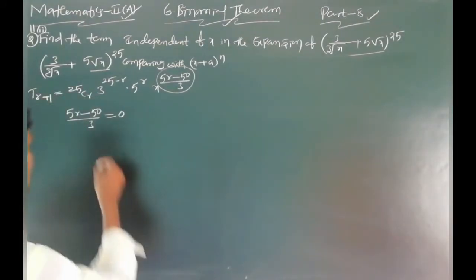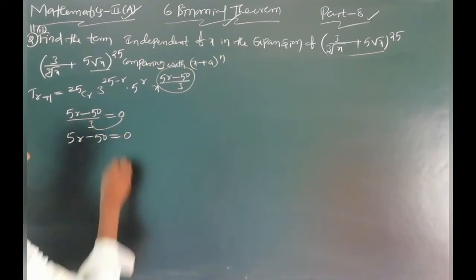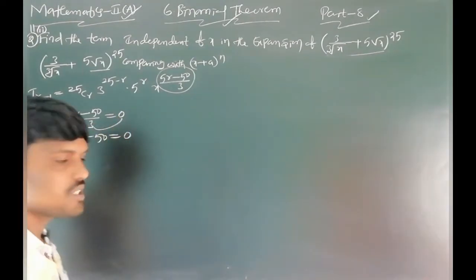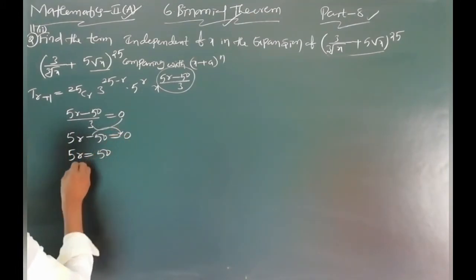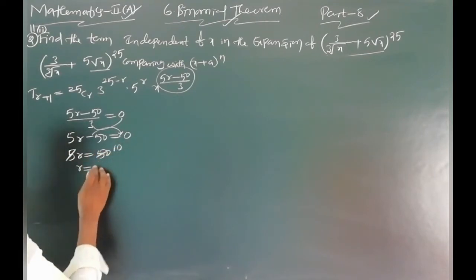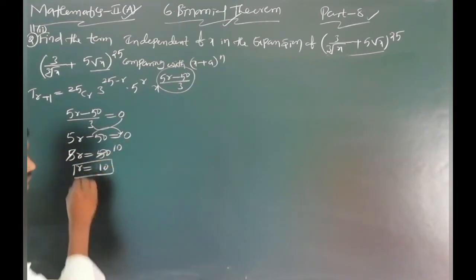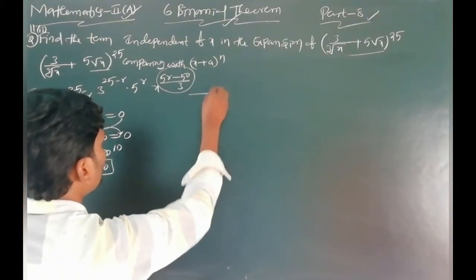You can write 5r minus 50 equal to 3 into 0, which is 0. So 5r equals plus 50, r equals 10. The r value is 10. Suppose this is equation number 2.